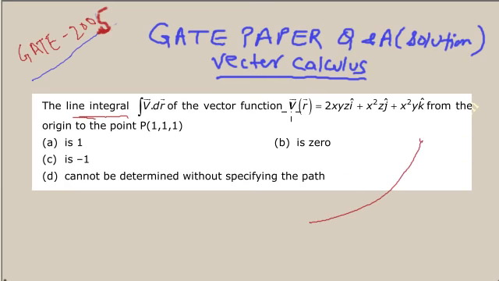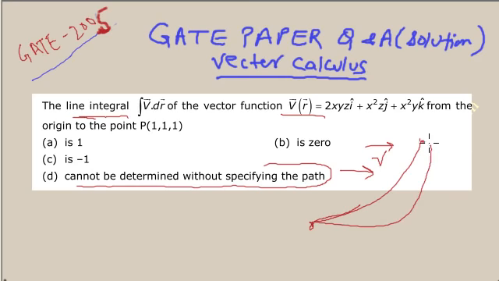Here the starting point is given, the final point is given, but the line is not given. So it cannot be determined without specifying the path, because for different lines the value of v dot dr is different.